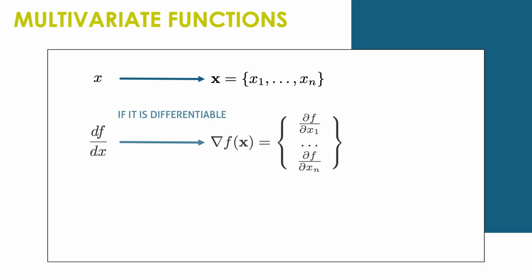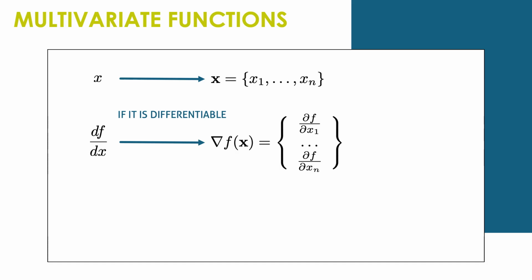And if f is differentiable, which unfortunately does not hold for our engineering problem, but if it is differentiable, then df over dx must be substituted by the gradient of f with respect to x. This means an array that has in each of its positions df over dx1, so the partial derivative of f with respect to x1, arriving to df over dxn.